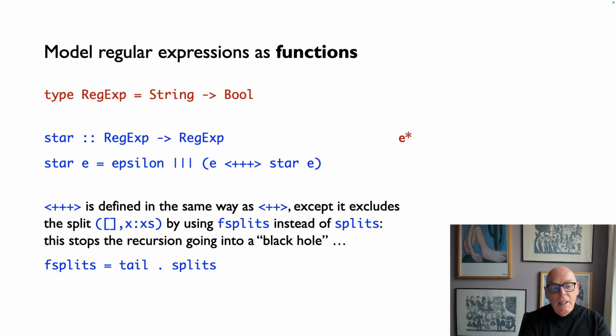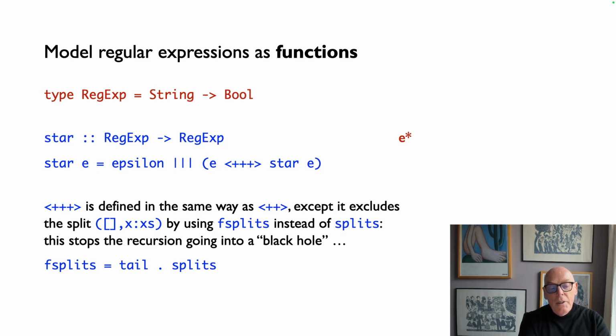So we're saying star of E as a regular expression matches either epsilon or E followed by star E. Now, the concatenation operation we're using here is a slightly different one, because we don't want to allow E in this concatenation to match an empty string, because otherwise we go into what's called a black hole.